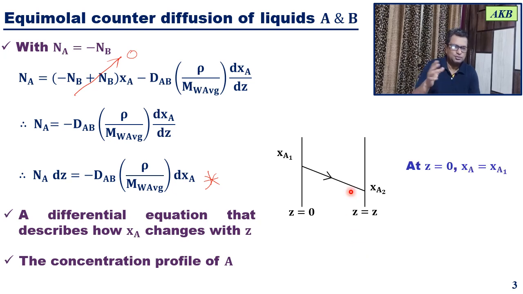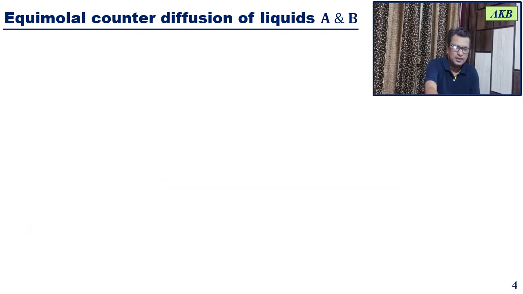From this particular concentration profile, you can write these conditions. When Z is 0, Xa is Xa1, and when Z is Z, Xa is Xa2. We are going to use these limits.